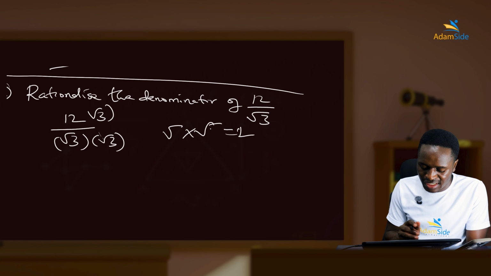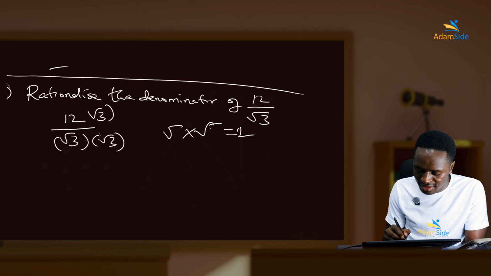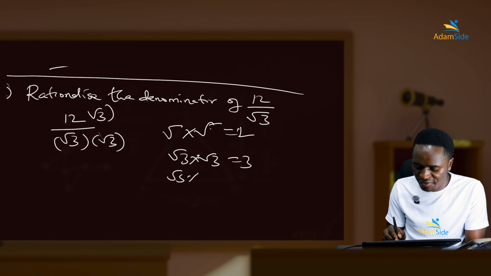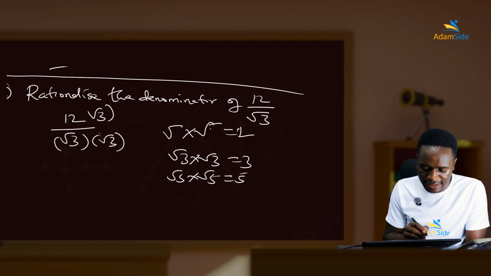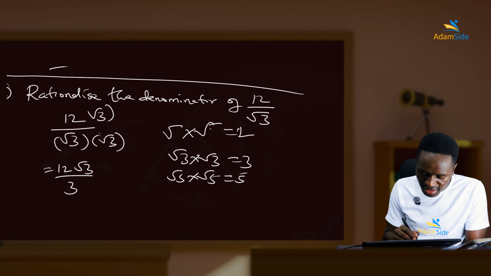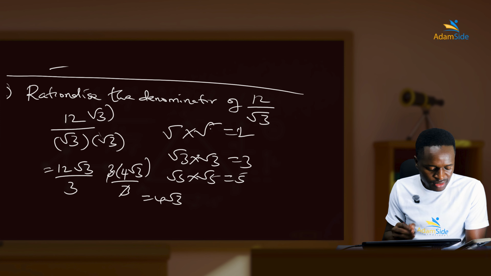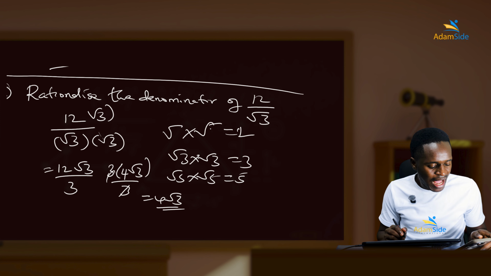That's why root 3 times root 3 you get 3, root 5 times root 5 you get 5. So here, your answer will be 12 root 3 over 3. Now you can simplify, divide both by 3. 12 divided by 3 is 4, so your answer is 4 root 3. That's how you simplify and get the actual answer.